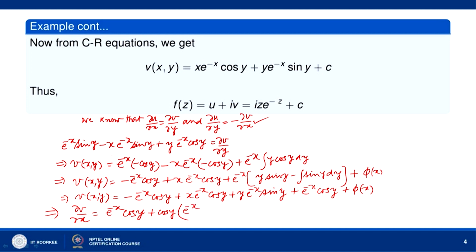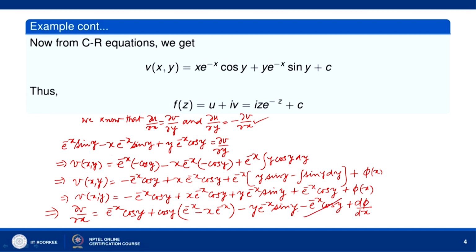So, we get e to the power minus x, then derivative of e to the power minus x is e to the power minus x into minus 1. So, we get minus x e to the power minus x, and here derivative of e to the power minus x is e to the power minus x into minus 1. So, we get minus y e to the power minus x into sin y. Here also we get minus e to the power minus x cos y, and we get d phi by dx, because phi depends only on x.